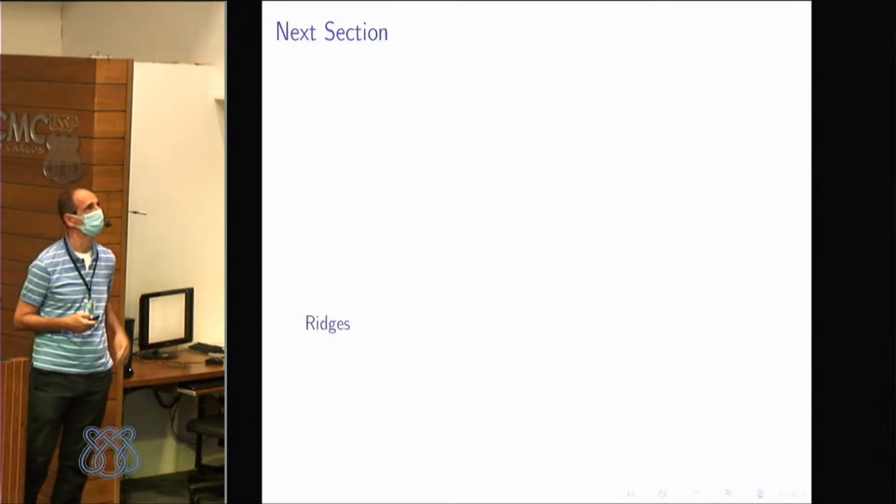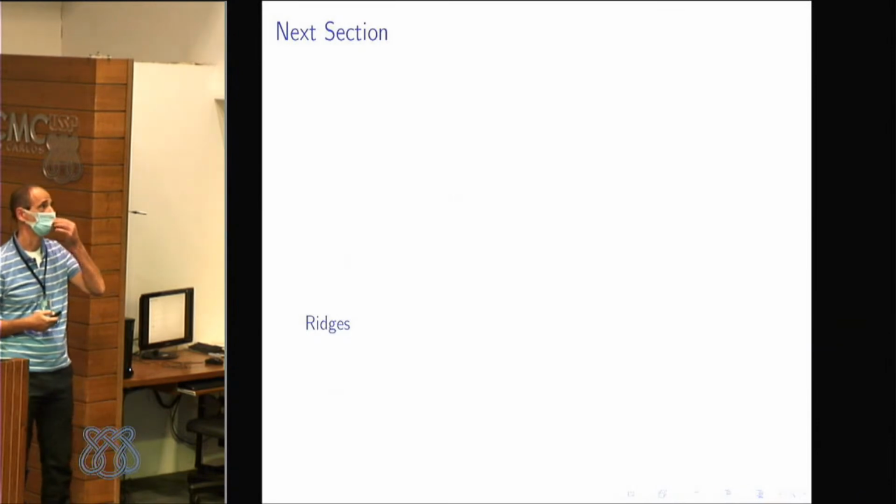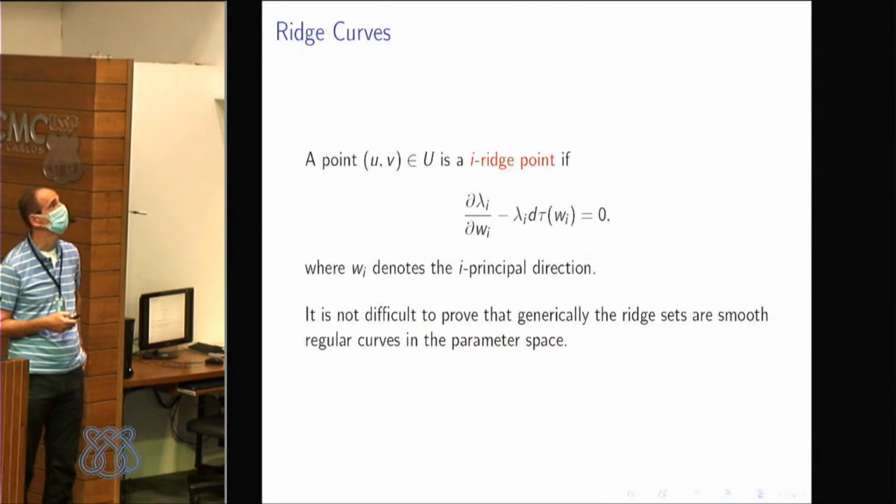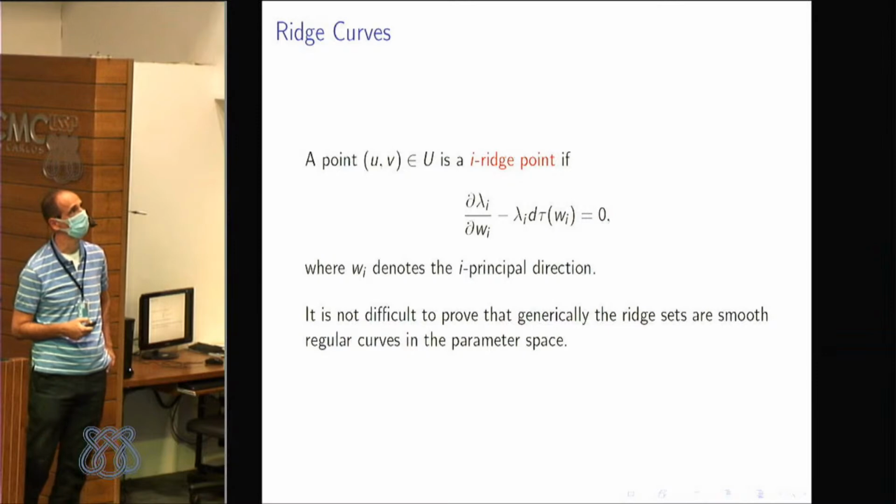Ridges are the third important geometrical curve in this context. What are ridges? They are defined by this equation. The ridge sets are generically smooth regular curves in the parameter space.